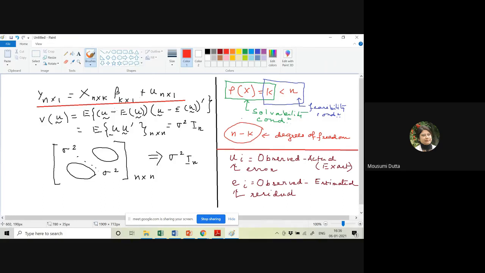Please look at this: variance of u vector is expectation of u vector minus expectation of u vector, multiplied with u vector minus expectation of u vector, transpose. Now, expectation of u vector is equal to the null vector, which we got from the earlier assumption.